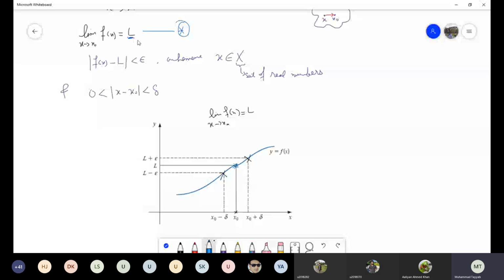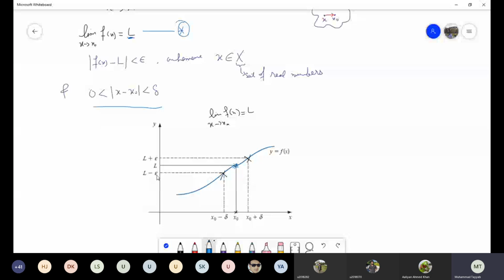But if you look on the neighborhood of the values, जो कि x naught minus delta, जो कि left hand limit है उसकी, or which is defined by this regime, x naught minus delta, which will move to the L minus epsilon. And if you move to the upper limit, which is the x naught plus delta, that will be converging to the upper limit.